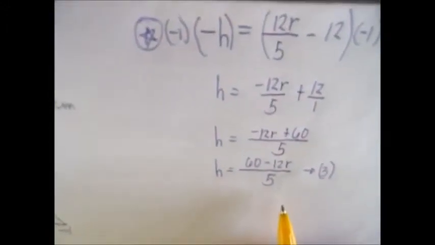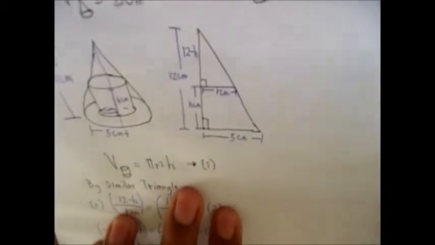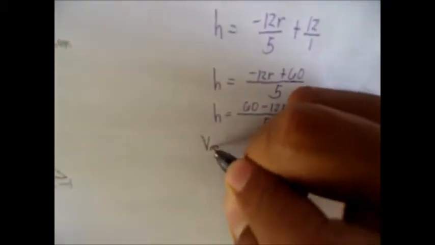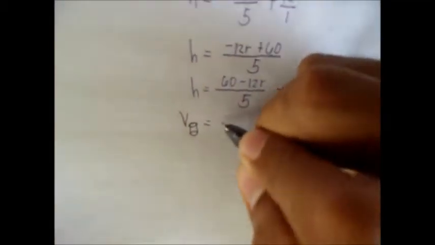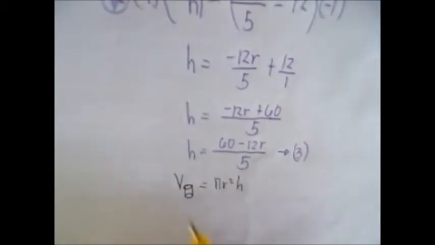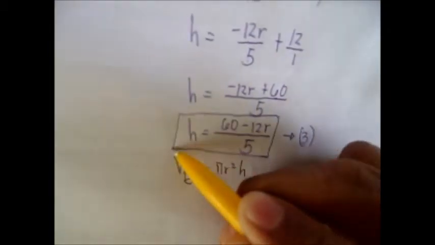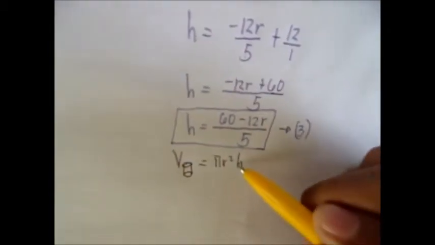Substitute equation number 1 into equation number 3. How to do that? We have the formula of the volume of the cylinder equal to pi r squared h. We get the height, and we need to substitute this height in this formula.